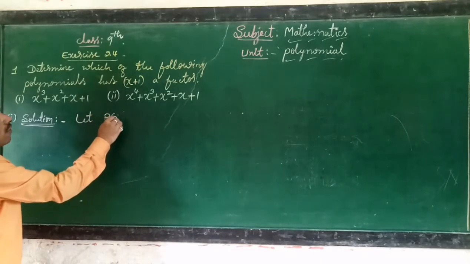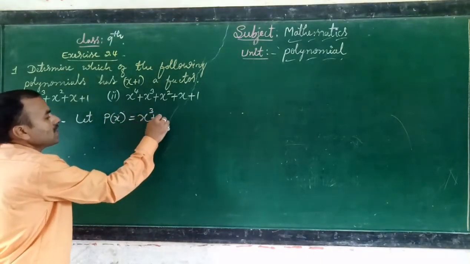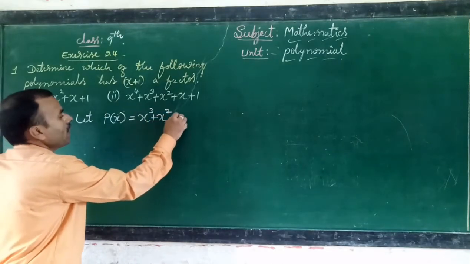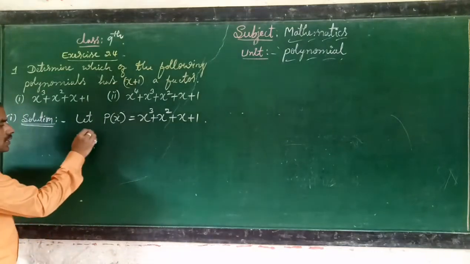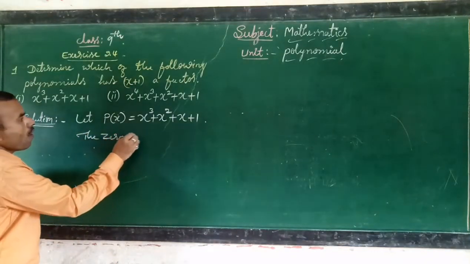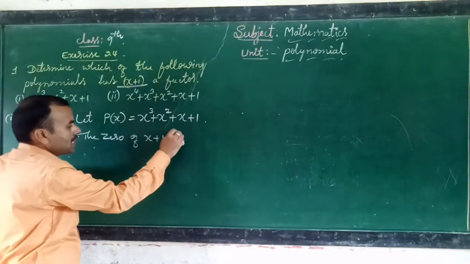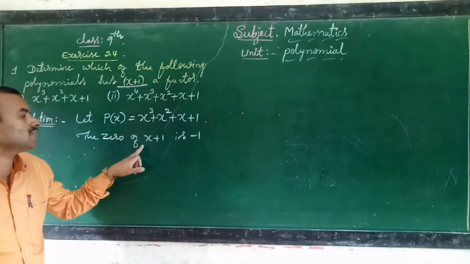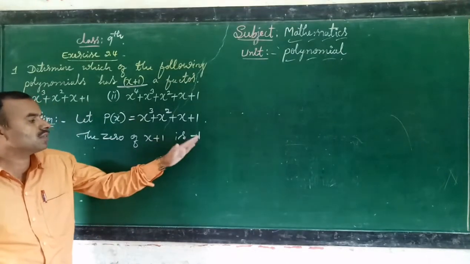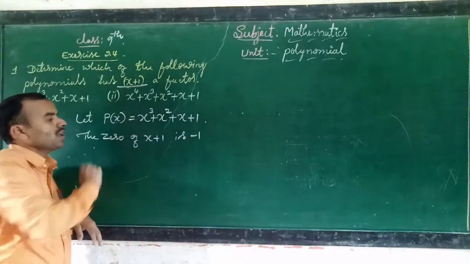Let p of x equals x cube plus x square plus x plus 1. The zero of x plus 1 is minus 1. You should remember, if there is x plus 1, the minus 1 is the zero of polynomial p of x.